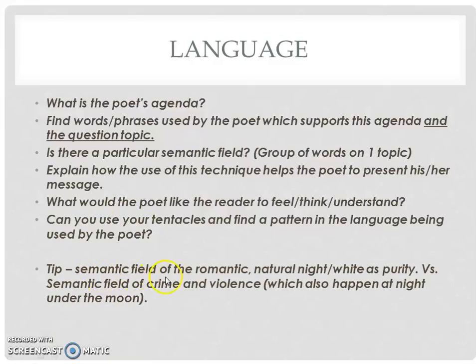So we've got a semantic field of the romantic, you've got the natural night and the idea of white as pure, versus the semantic field of crime and violence, which also happens at night under the moon. And what's quite nice, they talk about the reflected moon, there are reflections. They talk about expensive fish, koi, and then they talk about how the rubbish at the rubbish tip looks like fish. Well, that's a metaphor.